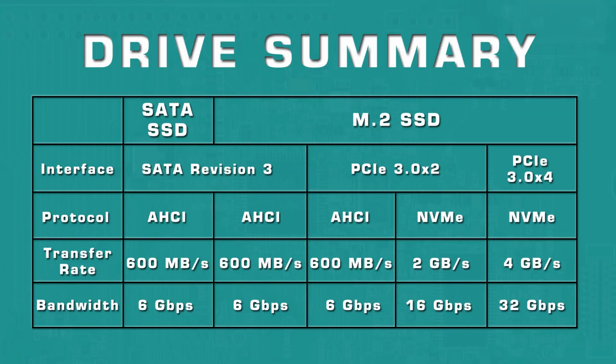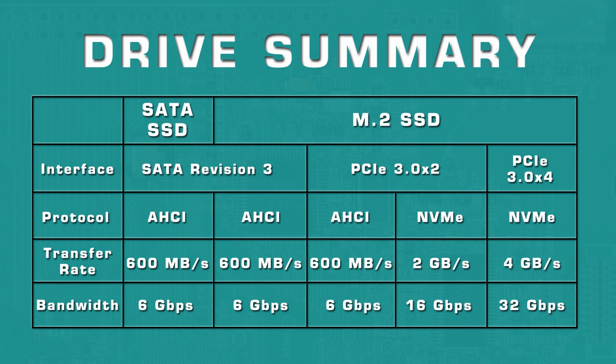So, to summarize and provide the chart as promised, let's take a look at an overview of things. As an example, a 500 gigabyte SATA 3 7200 RPM drive will transfer a maximum of 150 megabytes per second, and a 500 gigabyte SATA SSD drive 600 megabytes per second over AHCI.